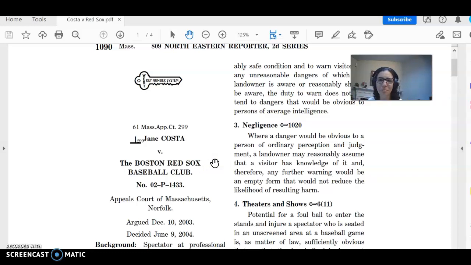As a case comes out, the editors for West Publishing will read the case, and they will ask themselves, what are all the legal issues in this case? What are they? And they will go through and pick out every legal issue in a particular case, the number of which doesn't mean anything. There'll at least be one legal issue, but there could be 20, 30, there's no magic number.